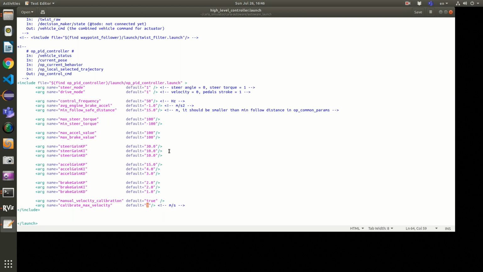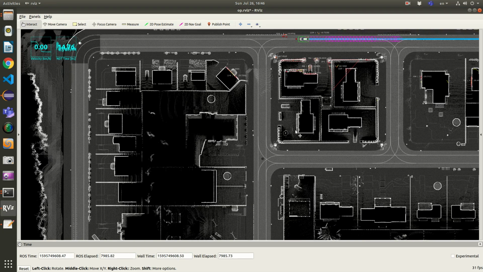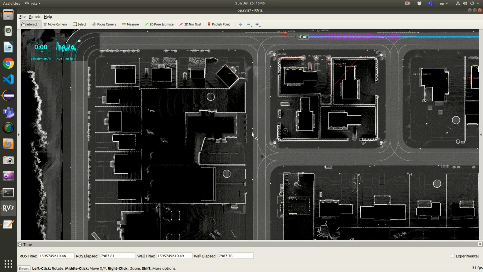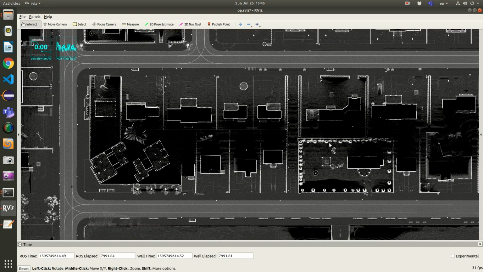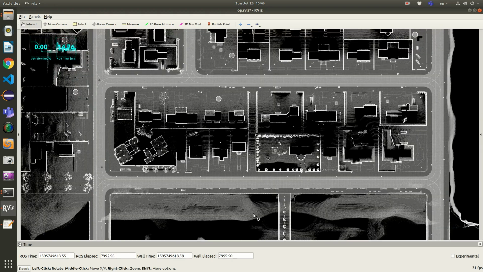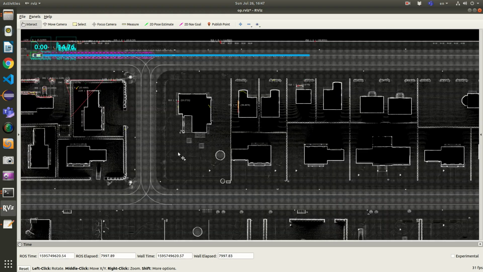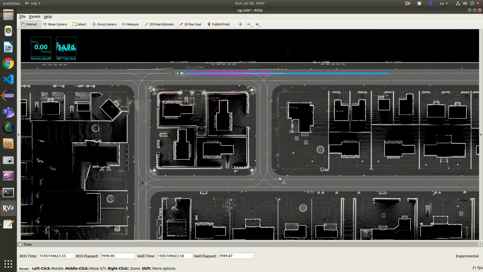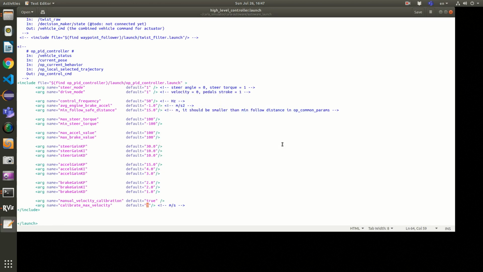This map has only 90 degree turns and straight lines. To tune it, we need to check higher velocity and maybe some continuous curves, long curves, and short curves, to check the steering PID.